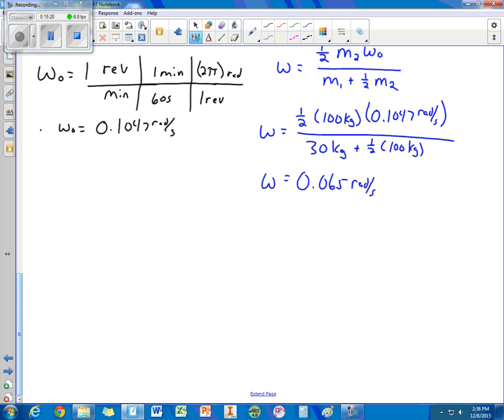That doesn't tell me a whole lot. Maybe I want that back in revolutions per minute, so I can convert that back.